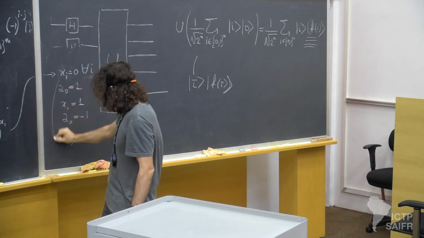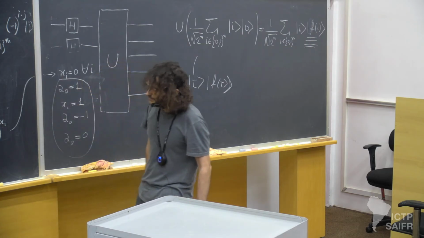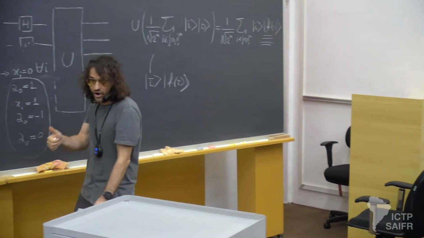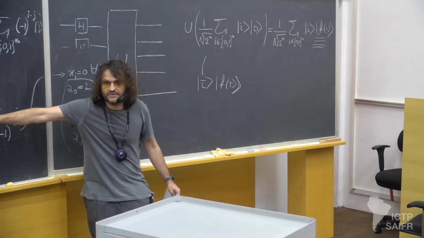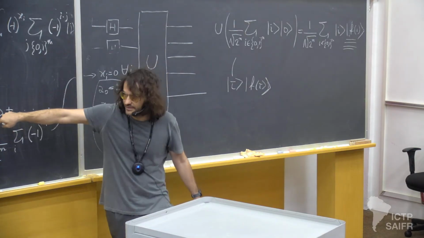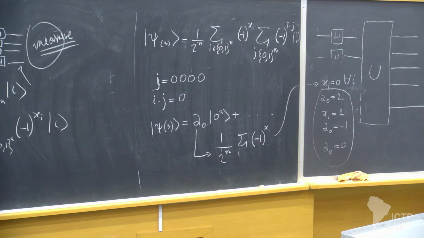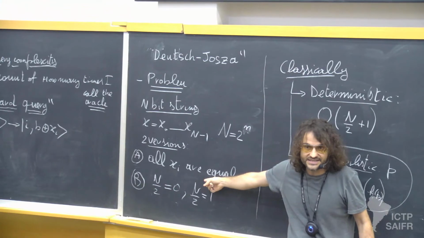So now we see that by simply measuring the state, either we will always get 0^n with probability 1, because the coefficient is 1, and we will know that all the x_i were equal.